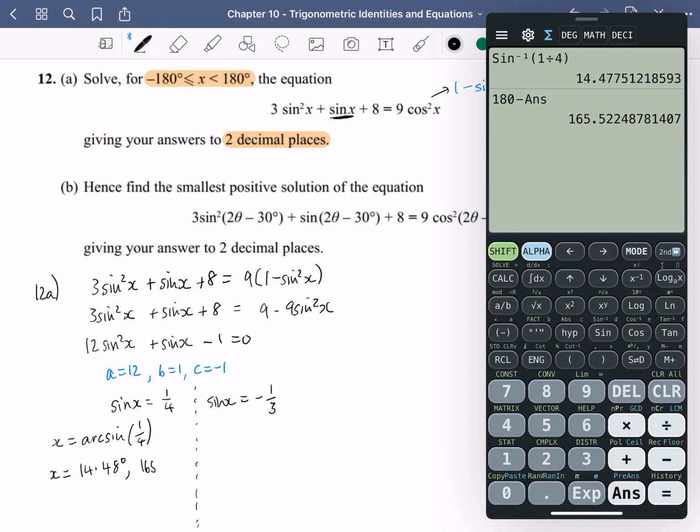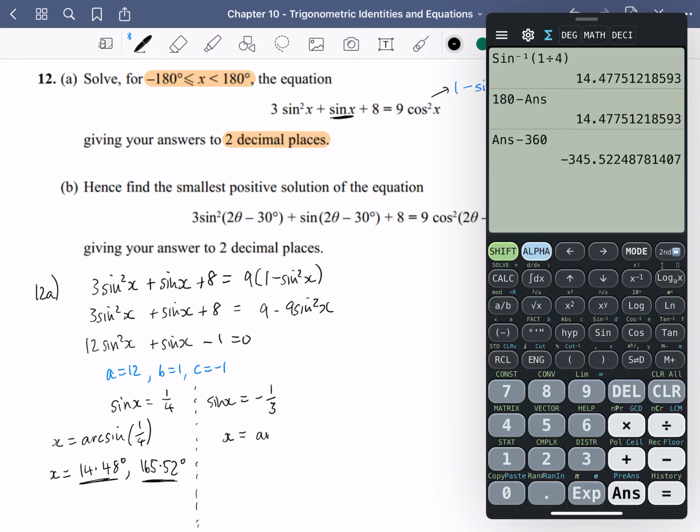So I have 165.52 degrees. Now, if I added 360 to this 165.52, it's definitely going to go over the range, and the same for the other one. But if I take away 360 from this one, you will see that it also goes outside the range. So there's just these two answers, the 14.48 and the 165.52.